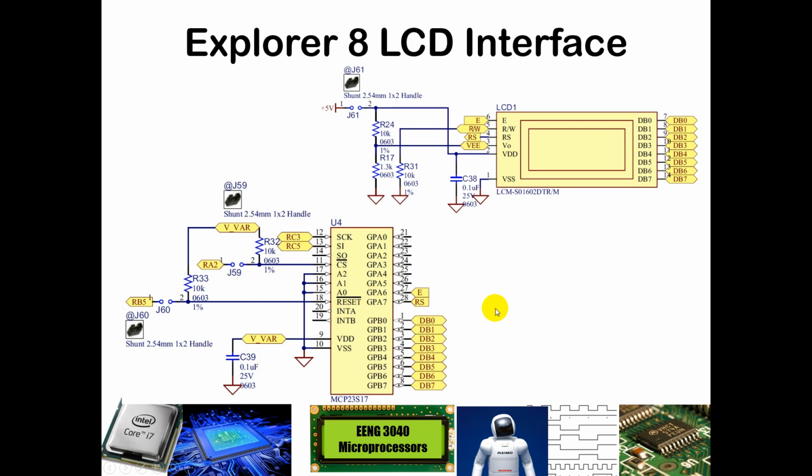Effectively what we're doing here is using a shift register to shift in all of the entries for 2 different ports. This is effectively creating a port A and a port B. Port A, these 2 pins are controlling the E and the RS that we need for instructions or data and the clock. And then port B here, the GPB port, is our either data or instruction that we're using at any given time.